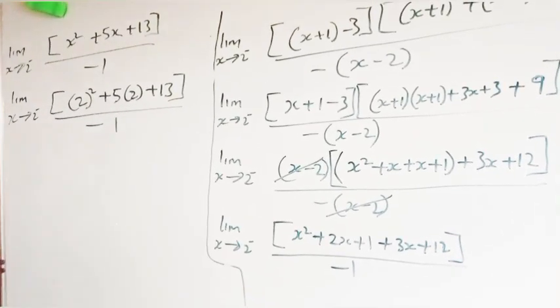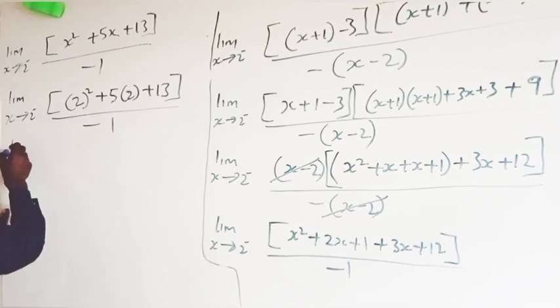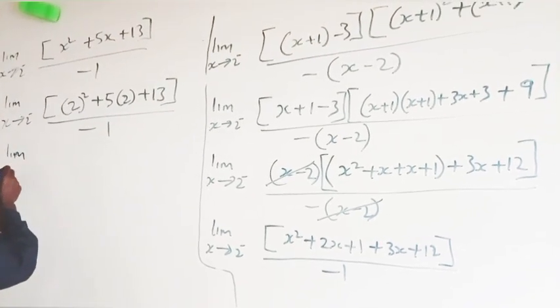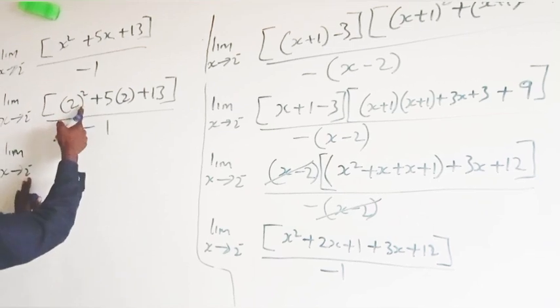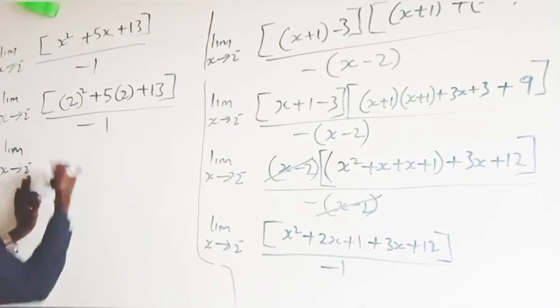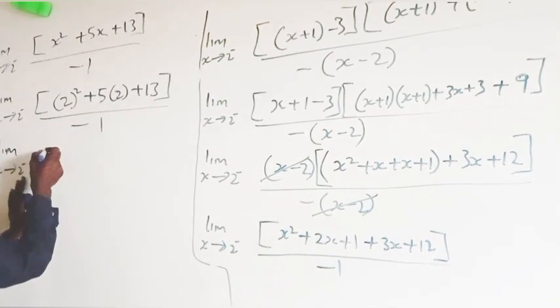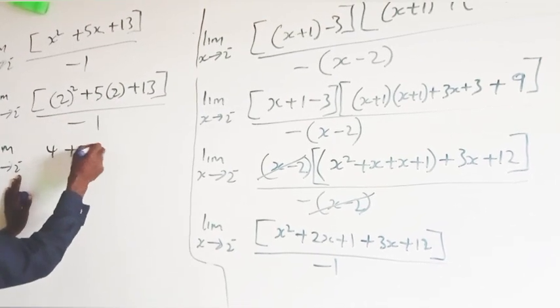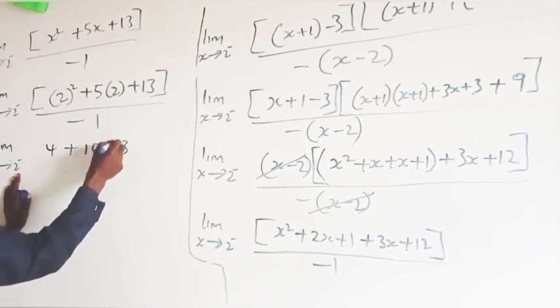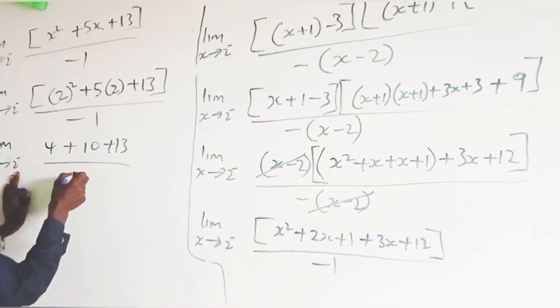Minus 2 squared is minus 2 times minus 2, which is 4, plus 5 times minus 2 is minus 10, plus our 13, everything over minus 1.